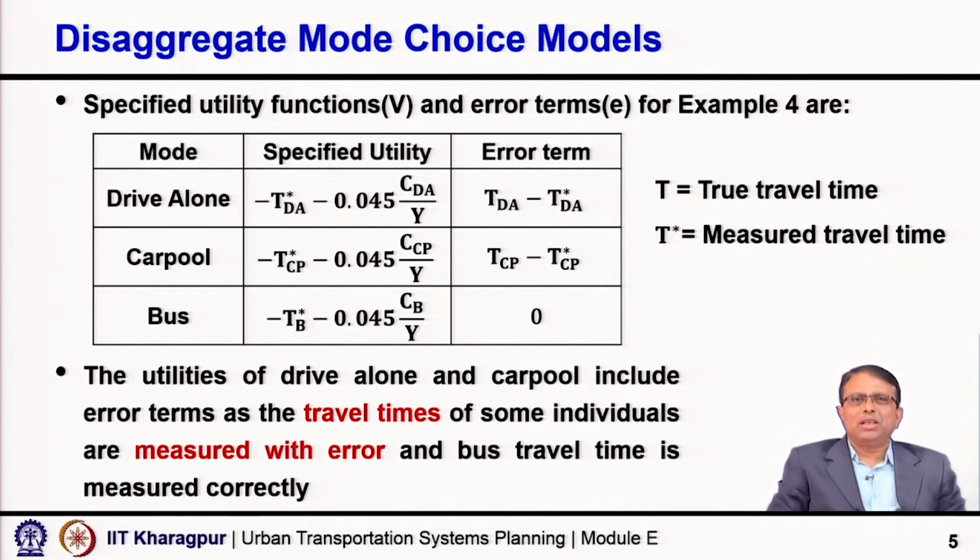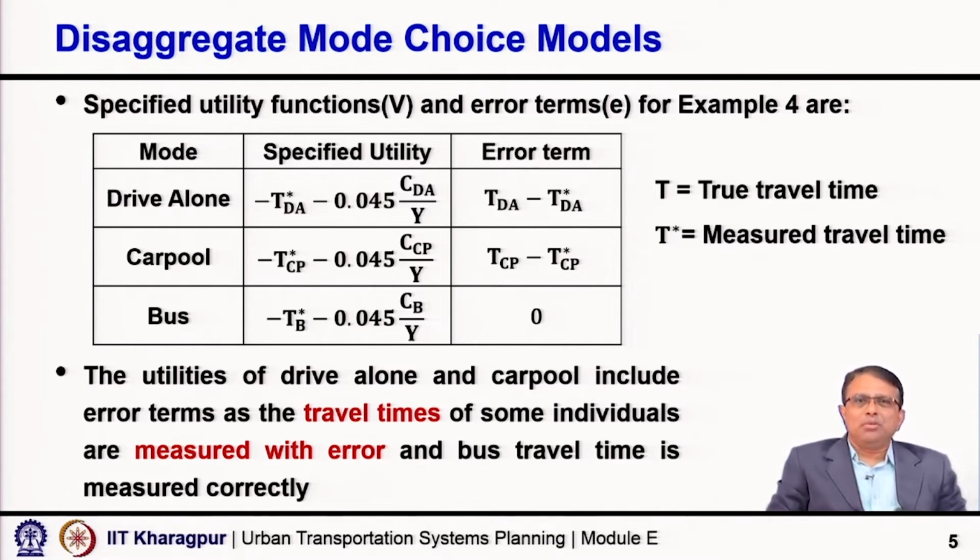And we gave you an example that we consider travel time maybe from zone centroid to zone centroid, right. But when you are considering drive alone or carpool, the actual residential location within the zone may not be of equal distance from the zone centroid. So, to different groups of individuals who are residing in different bands, the travel time may be different.